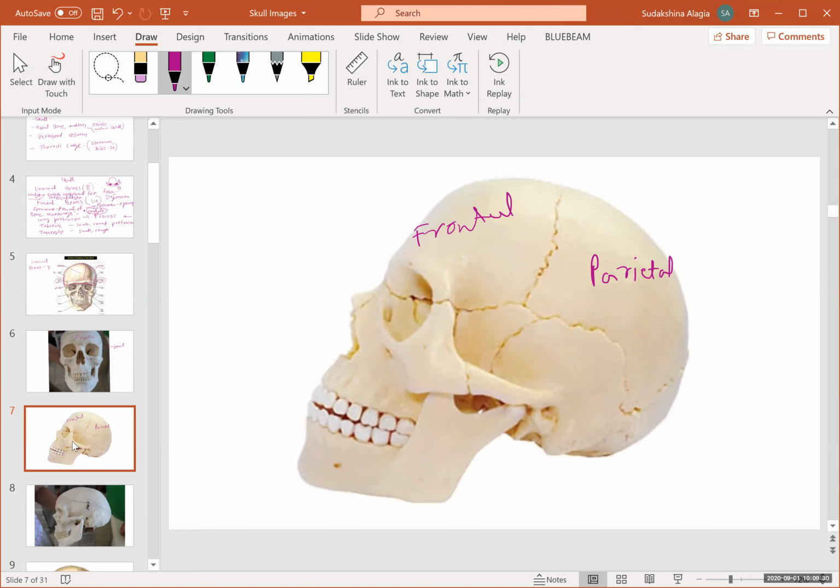This one on the left, there will be another parietal on the right. Occipital. This is the left temporal. Sphenoid; ethmoid won't be visible here. But we are looking at other bones, the facial bones, which we'll cover in a second. Let's just go over the cranial bones first. Then we can talk about the facial bones.